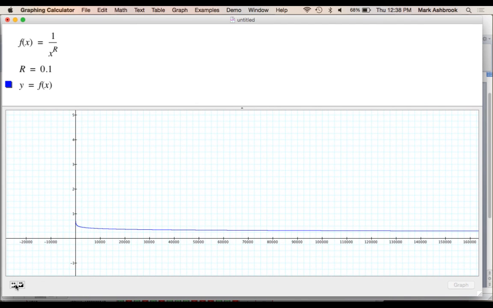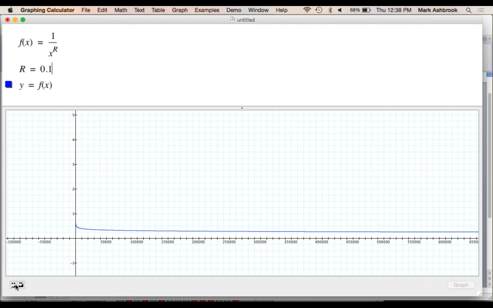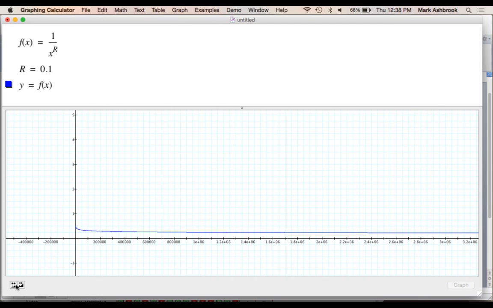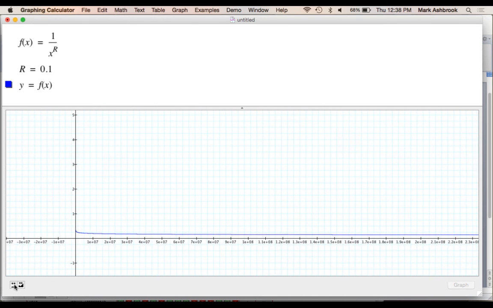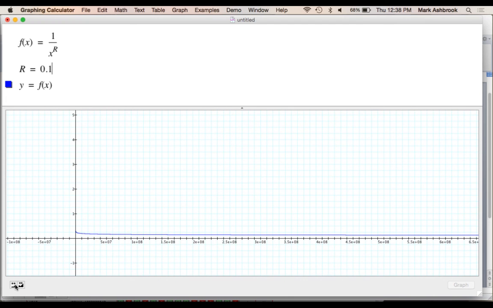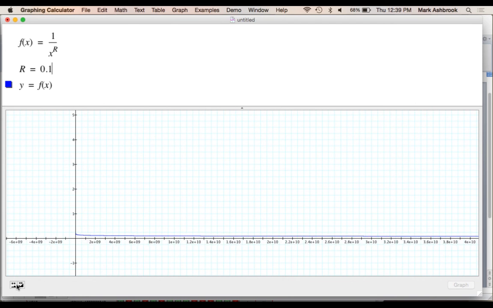Yeah, it's just going to take really big values of x, right? So now we're in the 10 millions here. Now we're getting to the billions. Trillions would be 10 to the 12th. So now these are the trillions.